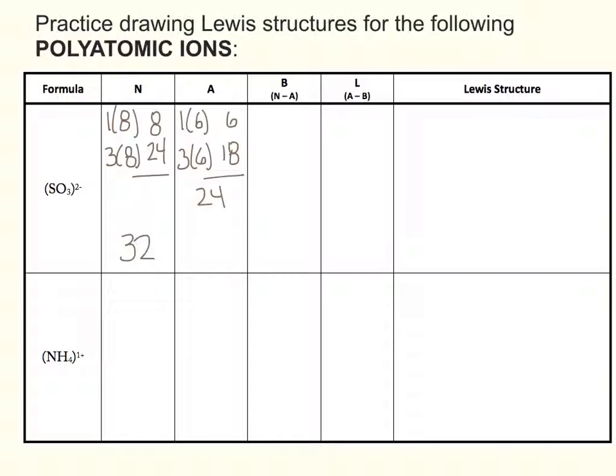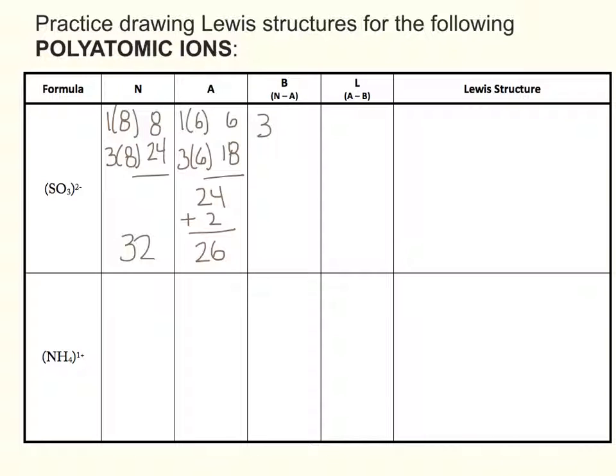In the example that we have, it's got a charge of 2 negative, which means that it gained 2 electrons. So we're going to gain, which means we're going to add those 2 electrons into our total number of available electrons.